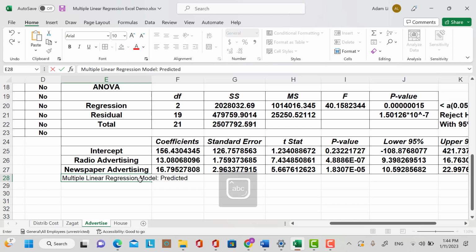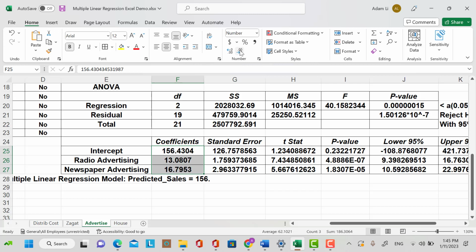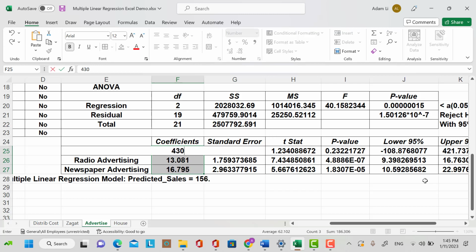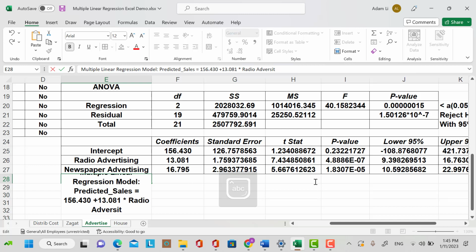So it's going to be predicted sales equal to the intercept, which is 156.430. I'll round all of this to 3 decimal places for simplification. Then adding 13.081 multiplied by radio advertising, and adding 16.795 multiplied by newspaper advertising spending.